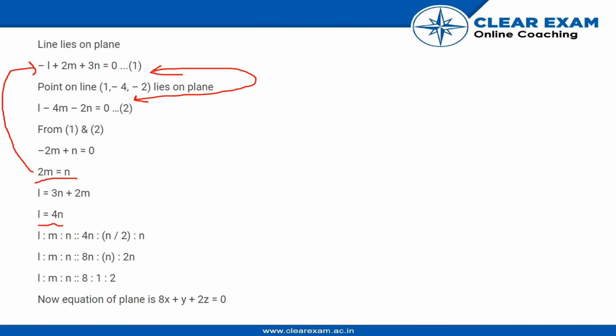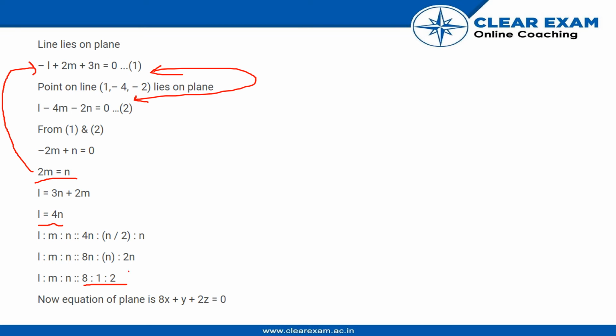L : M : N is 4n : n/2 : n. If we divide throughout by 2, we get 8n : n : 2n, and if we divide throughout by n, we get 8 : 1 : 2, which means L, M and N have the direction ratios 8 : 1 : 2.